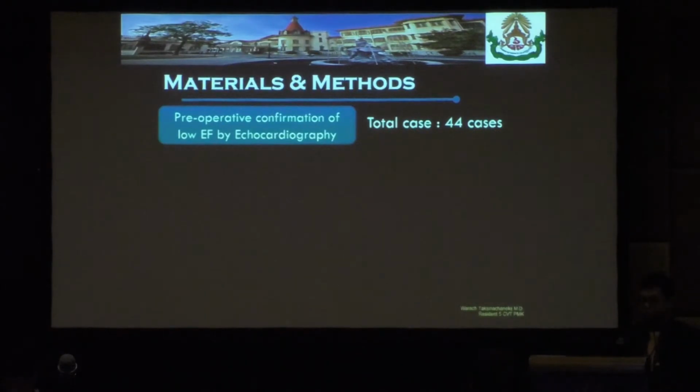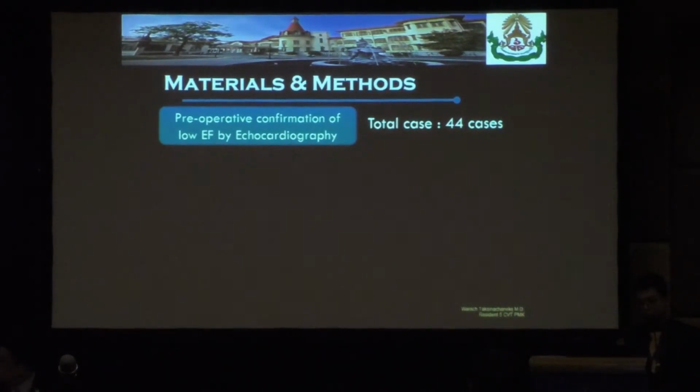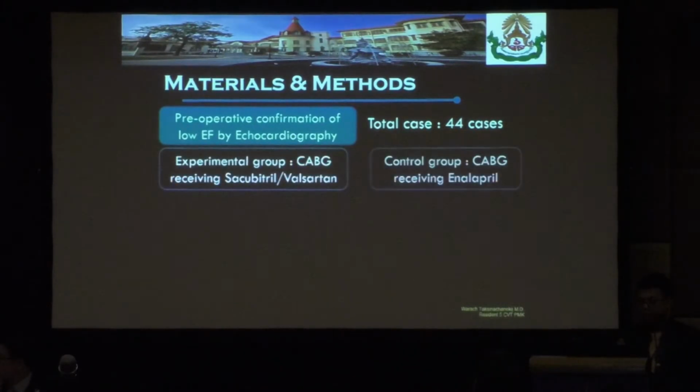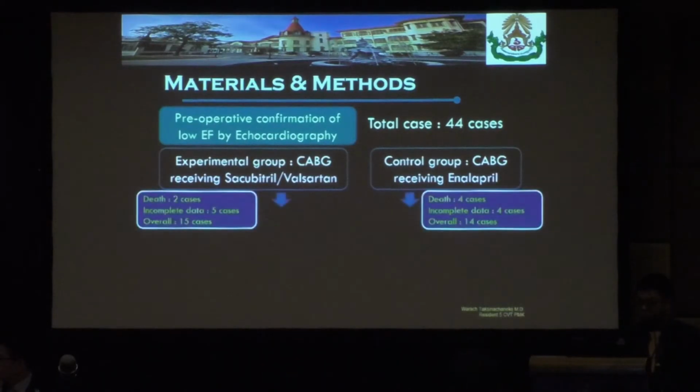Total cases were 44. Pre-operative low ejection fraction was confirmed by echocardiography, and then patients were double-blind randomized into two groups, 22 cases per group. The experimental group received sacubitril valsartan on top of coronary artery bypass graft, and the control group received enalapril on top of coronary artery bypass graft.